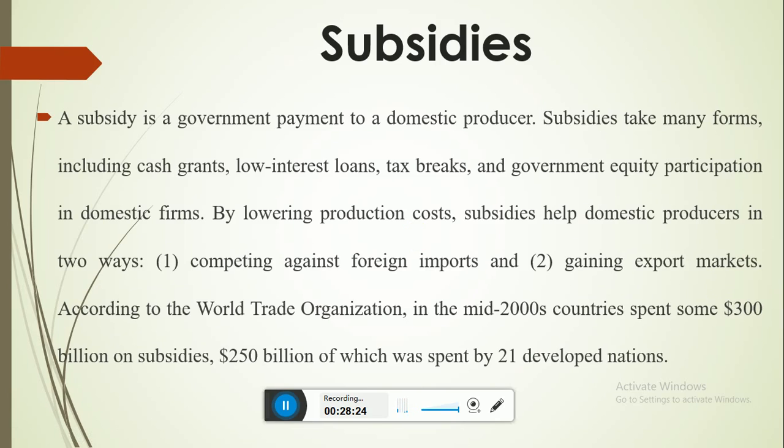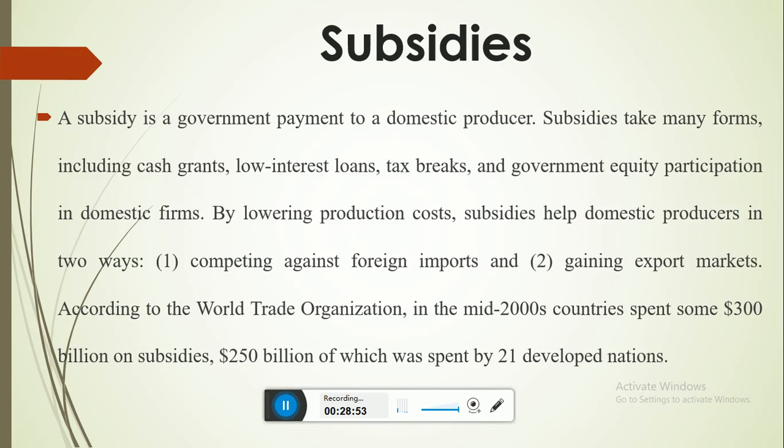So let me revise. We have discussed tariffs, that there are different forms of tariffs, and why governments impose tariffs. Subsidies are another way of the government helping local companies, and they can even be for foreign companies as well, in the form of cash or other forms.